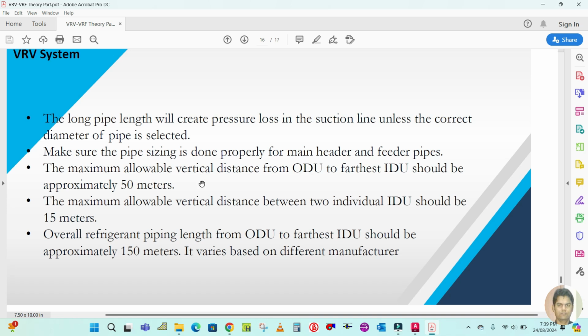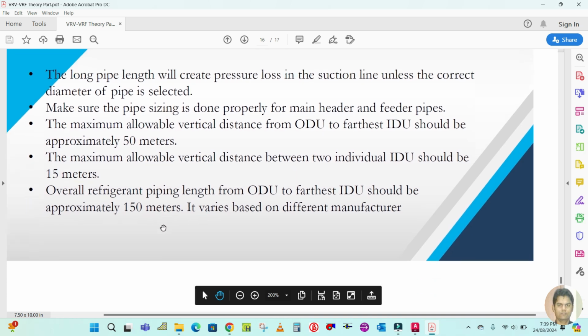The maximum allowable vertical distance from the outdoor unit to the farthest indoor unit should be approximately 50 meters, and the maximum allowable vertical distance between two individual indoor units should be 15 meters. The overall refrigerant piping length from outdoor to farthest indoor should be approximately 150 meters.